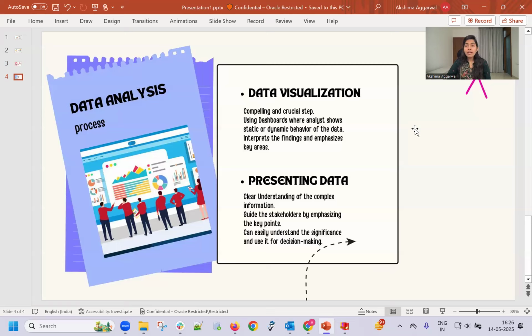Presenting means we clearly show them all the patterns which are available, and provide them the key insights, so that they are able to take decisions for their future prospects. So that is how we are going to do all these steps of data analysis.